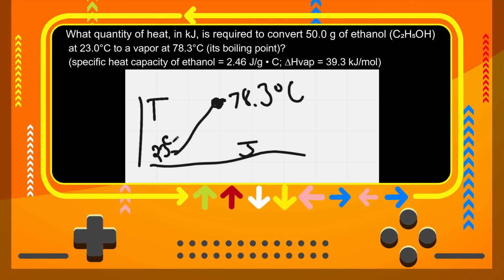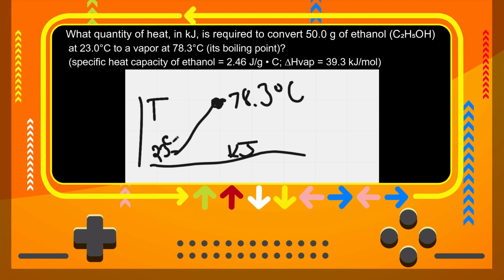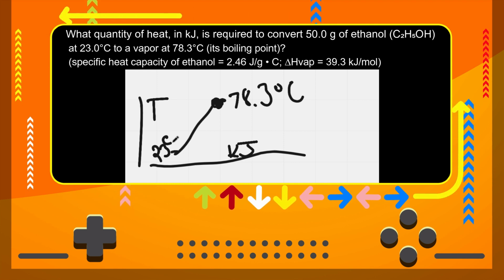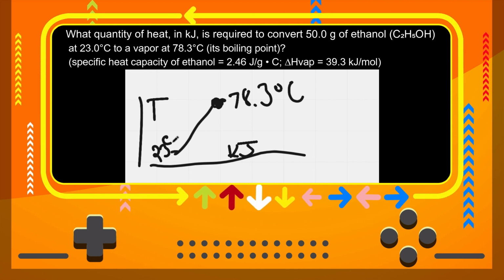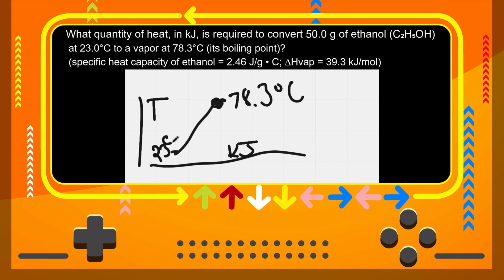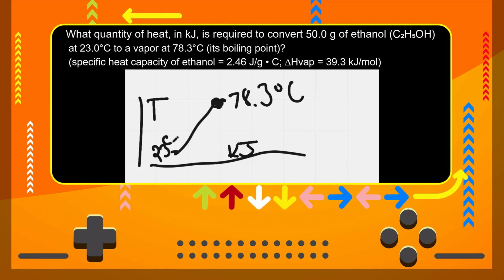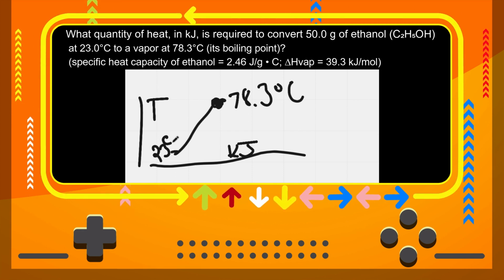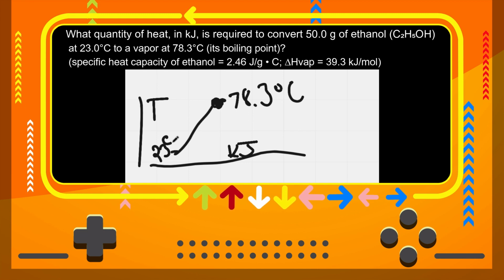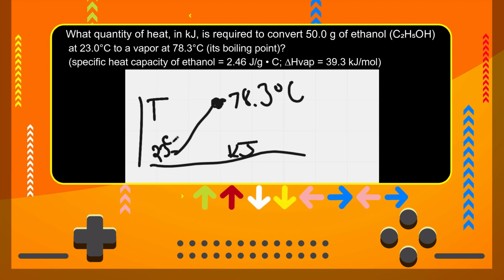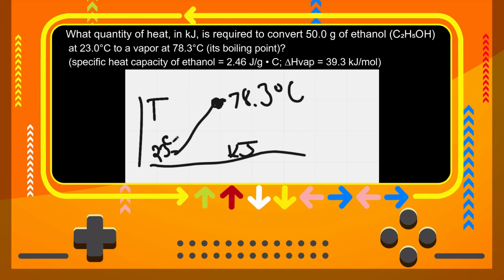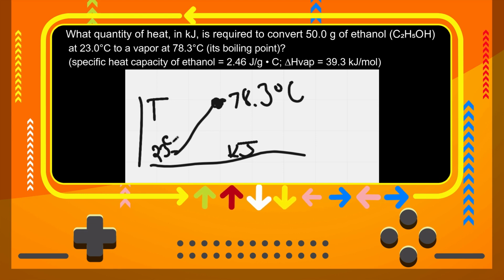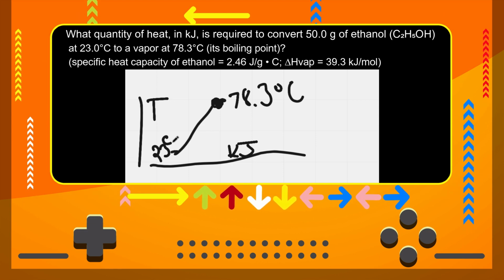So this is going to be in joules, kilojoules right here. As our temperature goes up, we're also going to need more energy as we continue to heat this up. More heat, more energy. Now we've got 50 grams of ethanol, and our 23 degrees Celsius is going to go up to 78.3 degrees Celsius.